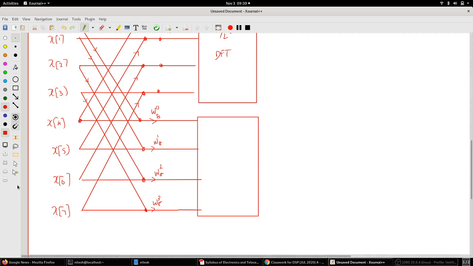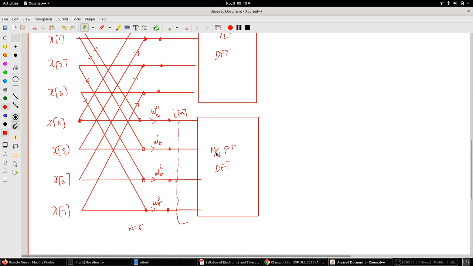So n is capital N here, in this case is 8, right? N is 8. So this is given here, and this becomes equal to your I of n. These values here become equal to I of n, which is given to this n by 2 point DFT.